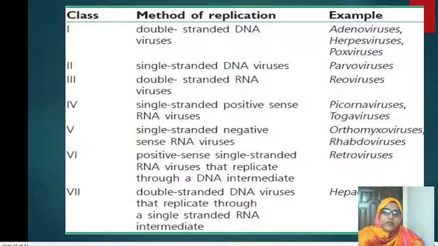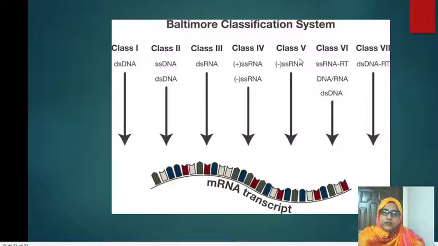Basically in animals it causes disease, in dogs basically. Then the fifth one is single-stranded negative sense RNA virus, orthomyxovirus, rhabdovirus. Then the sixth one you can see here, ssRNA-RT, very important.